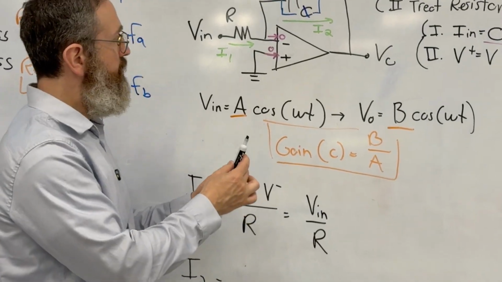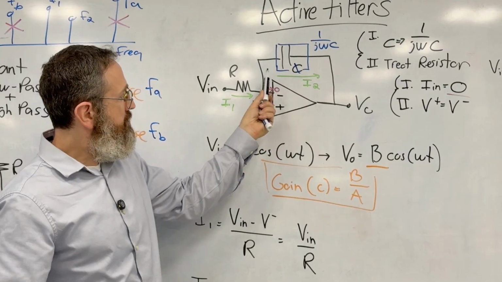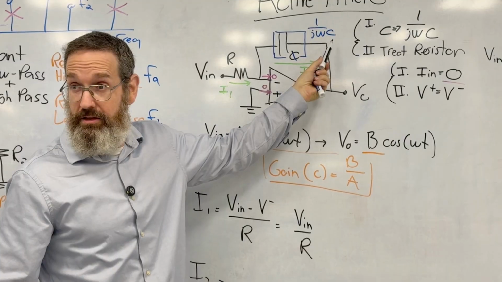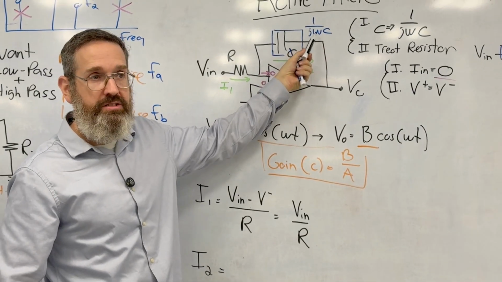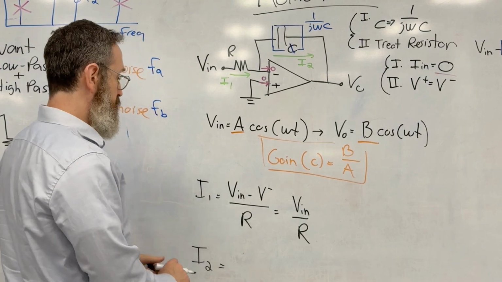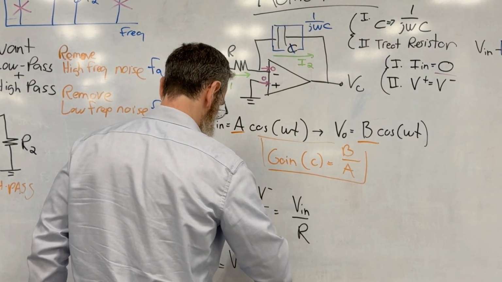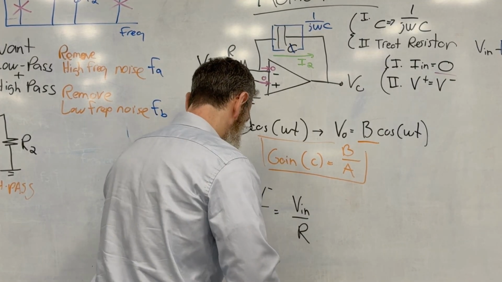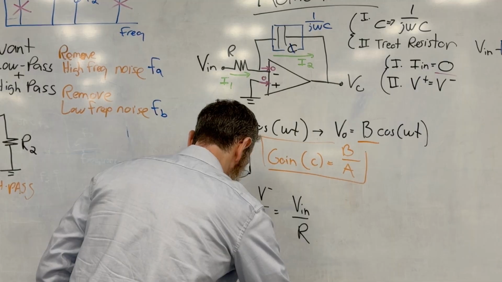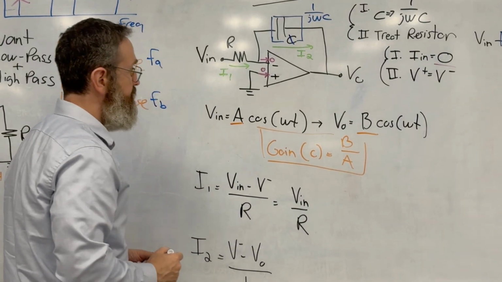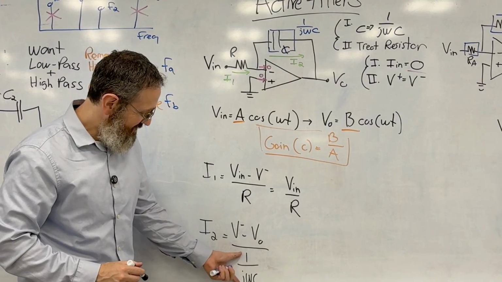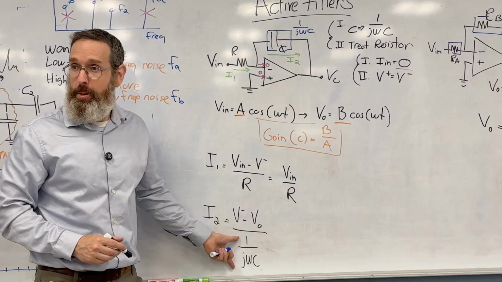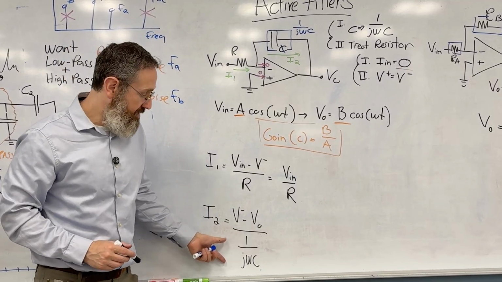We've got to be careful. I sub 2 is pointed this way, so it's going to be this voltage minus this voltage divided by this resistance. Can I do that? Yes, because I can treat this as a resistance. So we're going to get V minus minus V out over 1 over jωC. This is a resistance that's being plugged into Ohm's law. I want you to get used to that. I'm just plugging in a number. It's just a number.